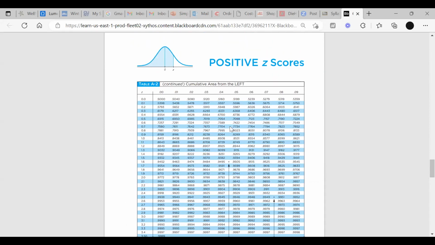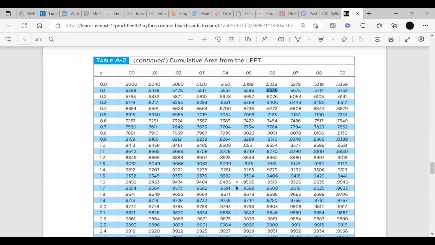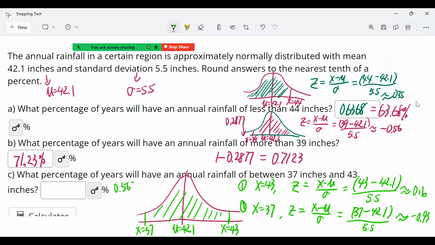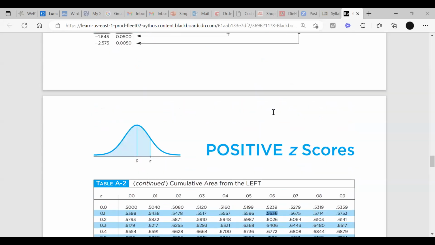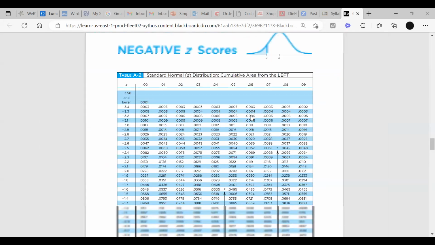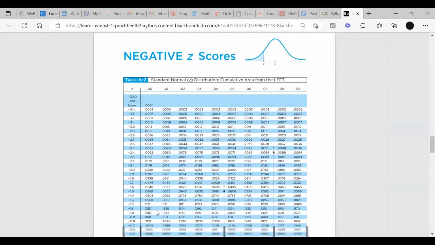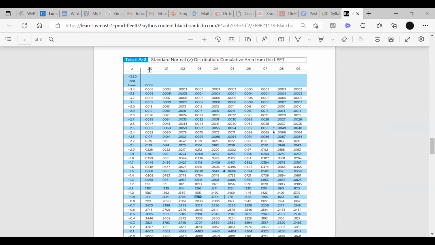That's 0.5636. Then we subtract the probability for the smaller z-score, negative 0.93, and the corresponding probability is 0.1762.